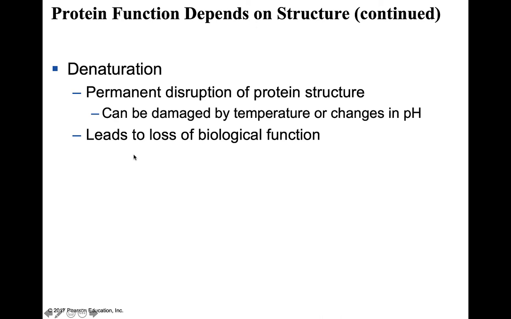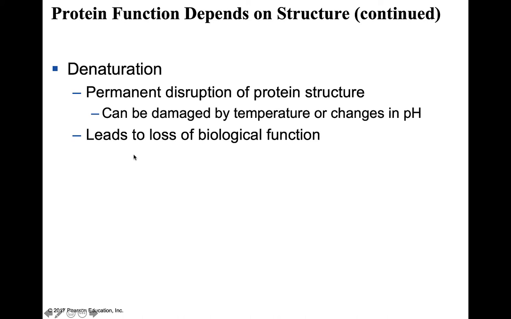Now, one of the things that we have to do within our body is keep a couple of things within narrow limits. Temperature and pH are 2 that we regulate very tightly. Now, think about what's responsible for holding a protein's structure. Hydrogen bonds. Do you think hydrogen bonds are going to be able to tolerate high temperature or low pHs or high pHs?